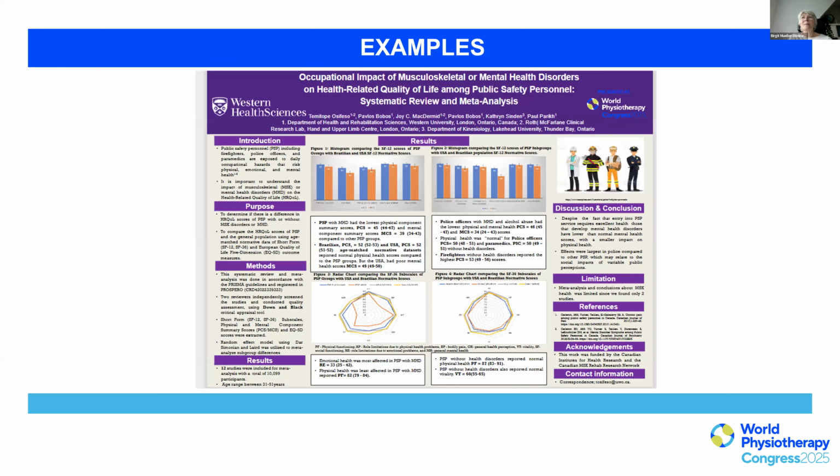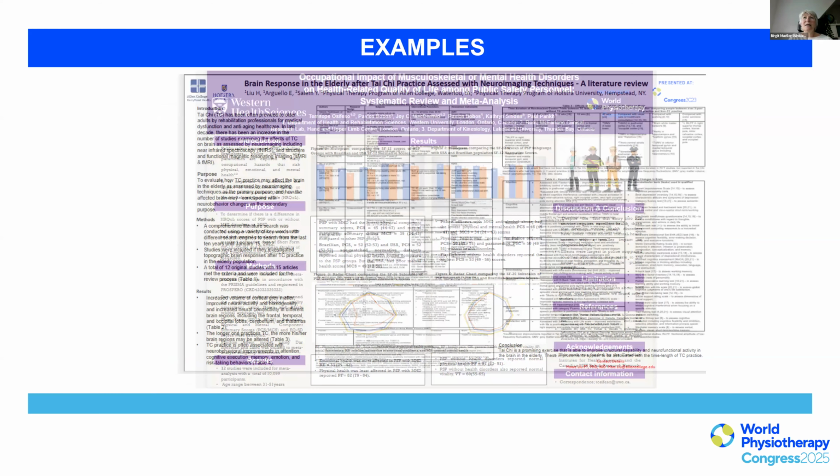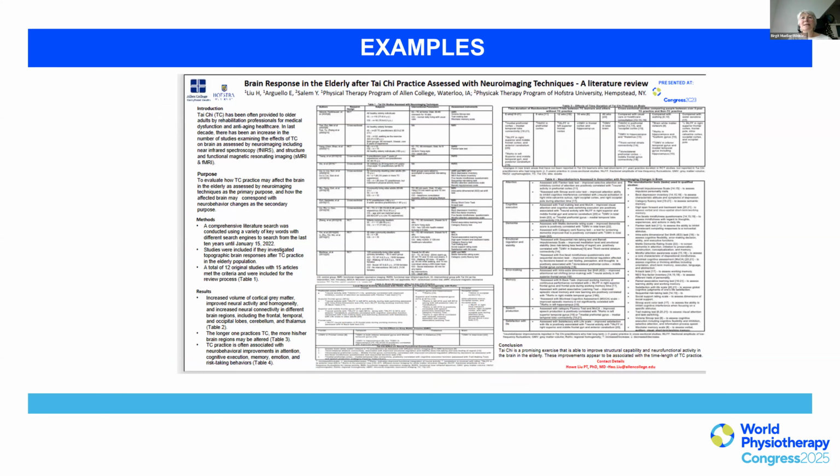So there's another example from a previous poster, again, taking in what we've heard before on what Sam said on colors, etc., and how accessible a poster is. So this is another example that was presented at the previous World Physiotherapy Congress.